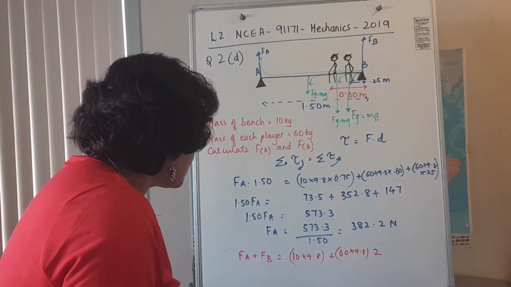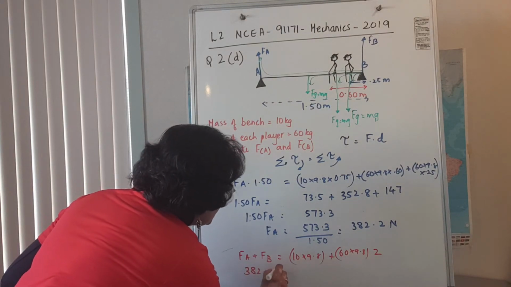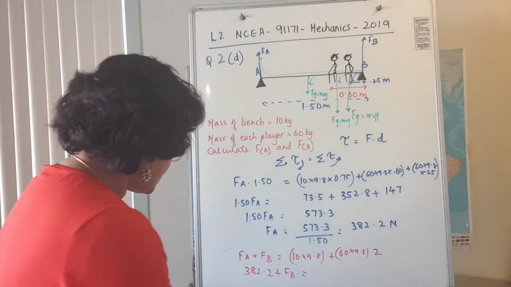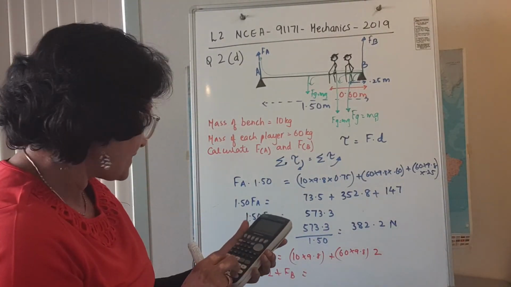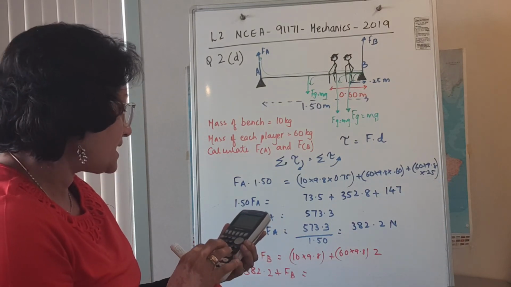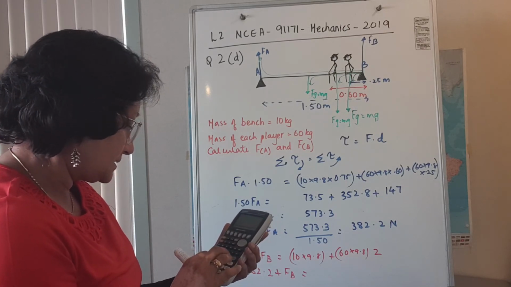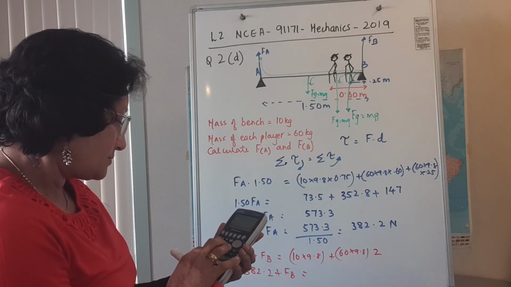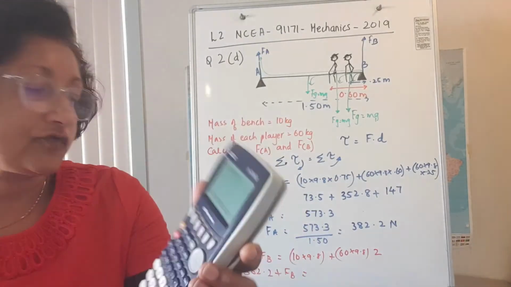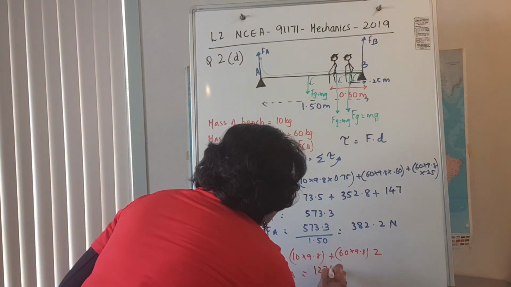And we also know that Fa is 382.2, plus Fb equals, can you see what I'm writing at the bottom? We're nearly there. So 10 times 9.8 is 98 plus 2 times 60 times 9.8, I get 1274. So that's the total force acting downwards.